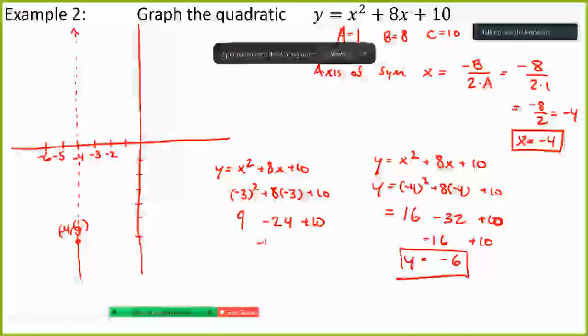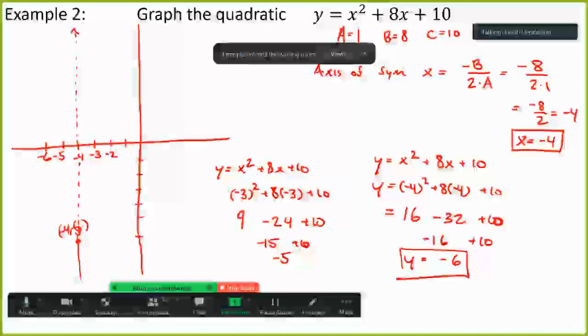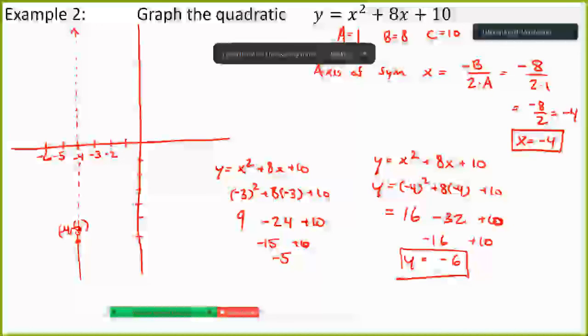Negative 15. Plus 10. Negative 5. So we plugged in negative 3, and then it goes to negative 5. Cool. That'll mirror on the other side. So negative 5, negative 5. There's the beginning of our parabola. Do one more so you see how high it's going to the next step.